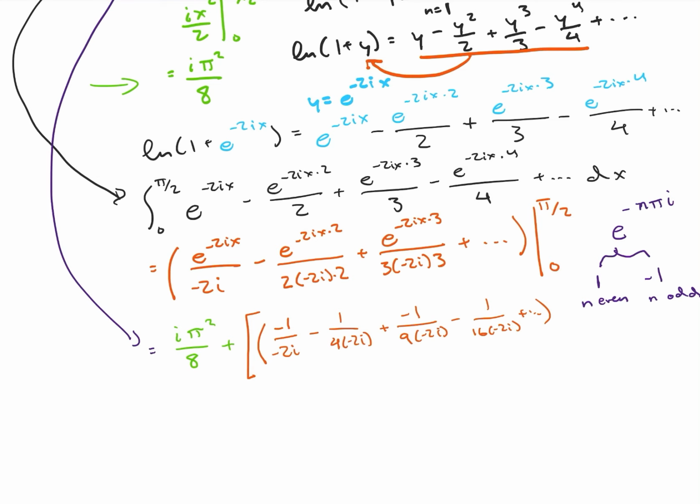And then when I plug in 0, e to the 0 is always 1. So I'm going to get plus 1 over negative 2i minus 1 over 4 times negative 2i plus 1 over 9 times negative 2i, and that's going to be minus next 1 over 16 times negative 2i, and so on.